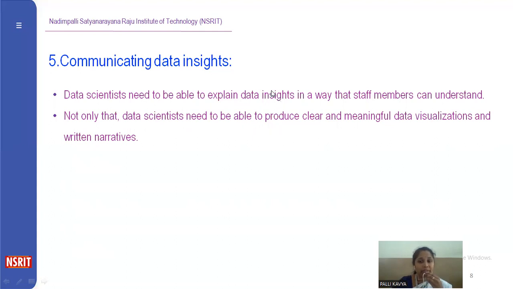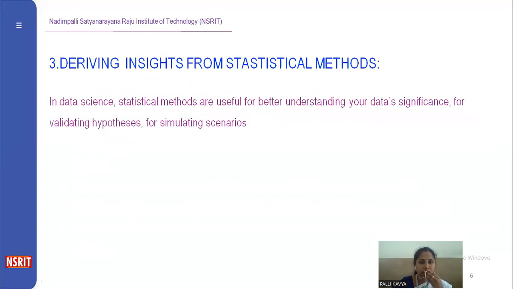Data scientists need to communicate with staff members so they understand. Not only that, data scientists need to be able to produce clear and meaningful data visualizations and data narratives. That means data scientists need to give meaningful, clear data visualizations and written narratives. This is the last one, communicating data insights.